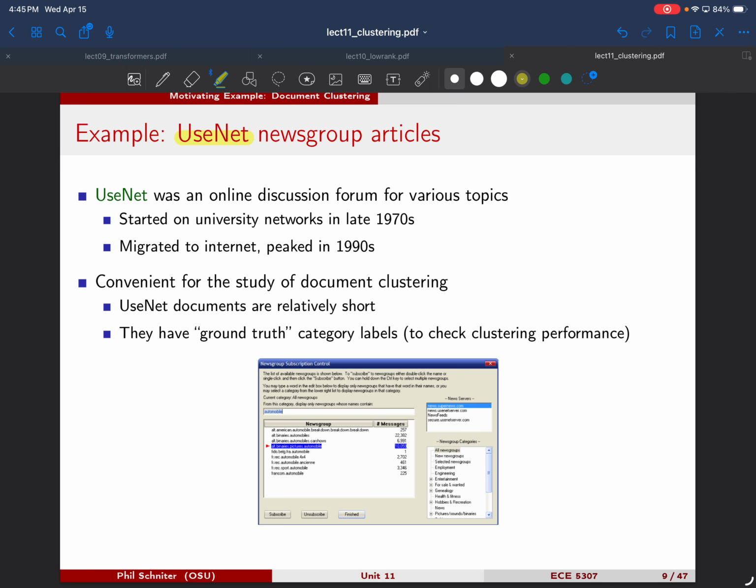these Usenet newsgroup articles. So Usenet was an online discussion forum that started in the late 1970s and migrated to the internet. It was very active in the 1990s. And it's very convenient to use for a demo like this because the documents are pretty short. They look a lot like these kind of short emails. And also there are ground truth category labels because you have all these different topics.